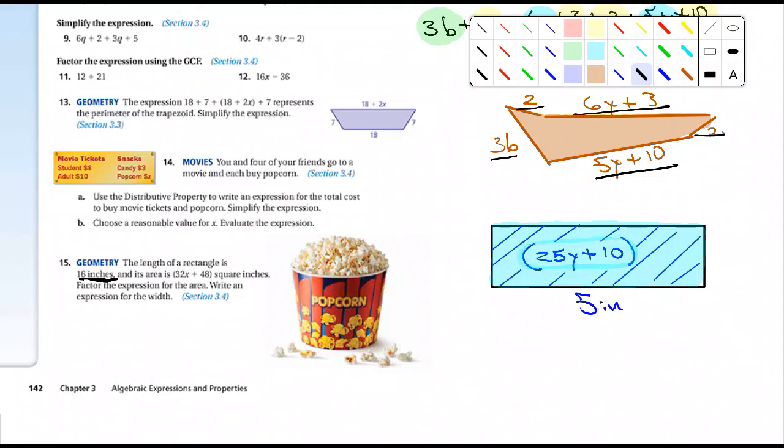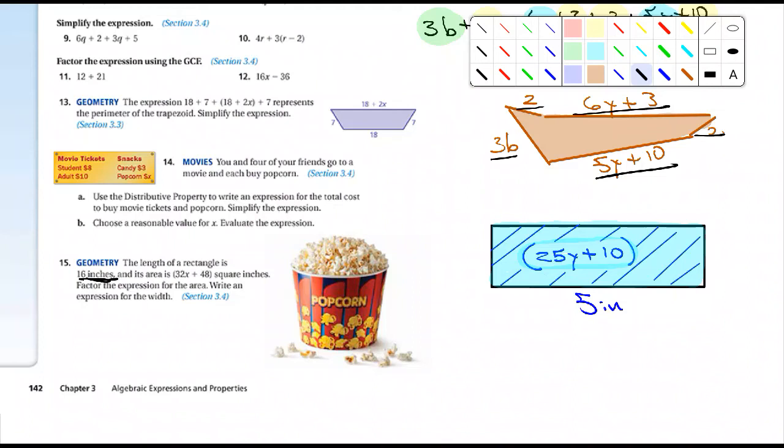So it says factor the expression for the area, write the expression for the width. So you need to figure out, we've got the area and we've got this side right there. So what we're trying to figure out is this length right there. All right?